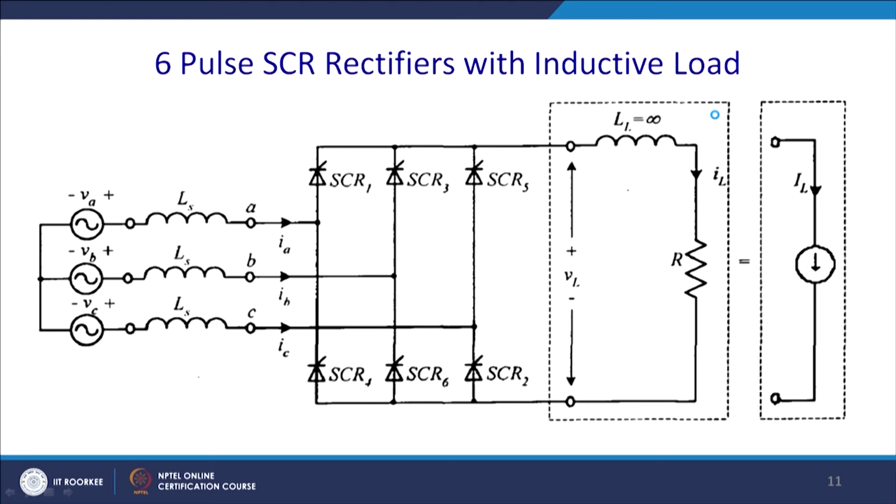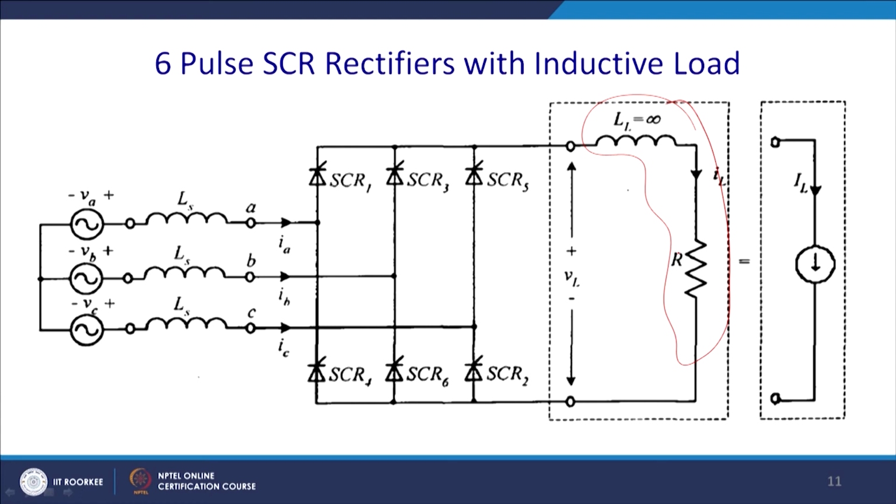6 pulse converter for the inductive load, and this is something we have discussed, and you can model this as a current source, because L is very high, but practically speaking nothing is infinity.